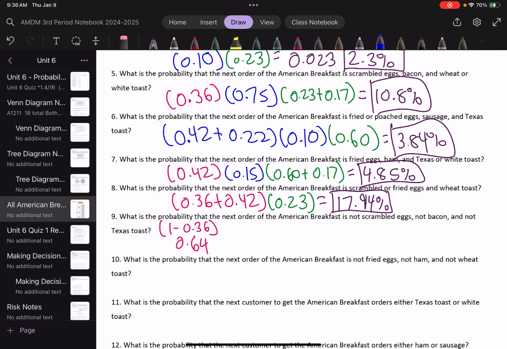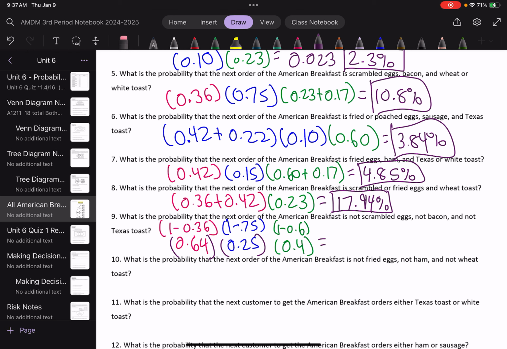If I go to my meats, it says not bacon. Well, I know bacon was worth 0.75, so that's 1 minus 0.75, which is going to give us 0.25. And last but not least, if I'm looking at my toast options, in this case, I'm saying not Texas toast, so I'm going to do 1 minus 0.6, which gives us 0.4.